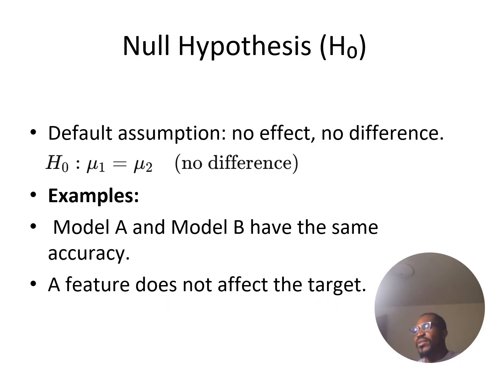Like in the case when we were predicting the prices of houses, the target variable was the price, and the input variable was the size of the house. So the question will be, does the size of a house affect the price of that house? Those are the kind of things we can test using hypothesis testing.